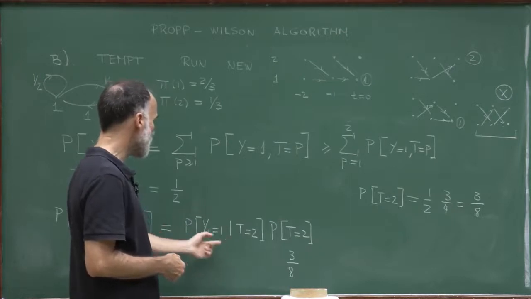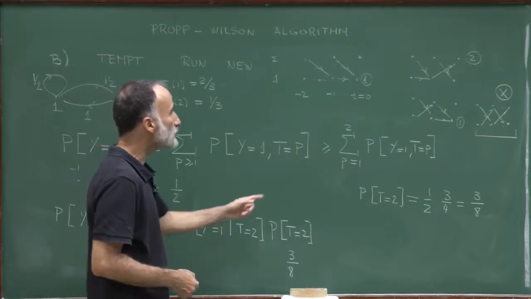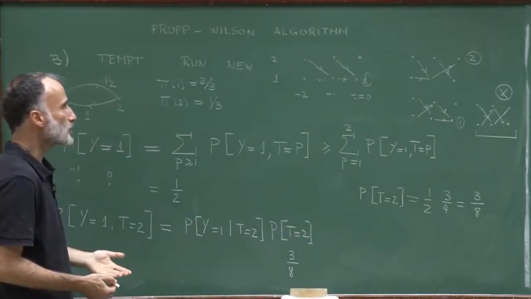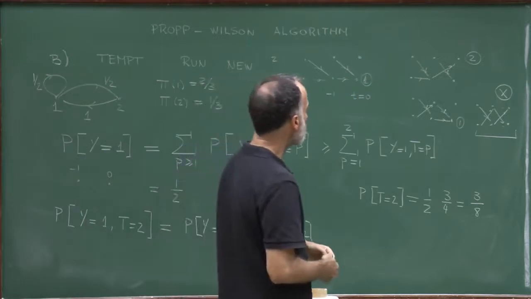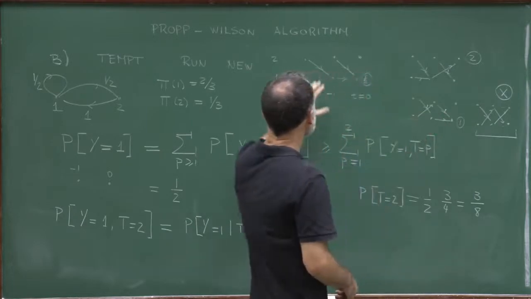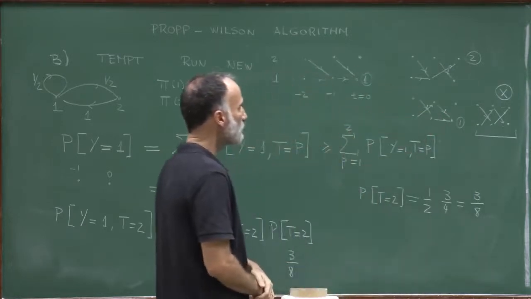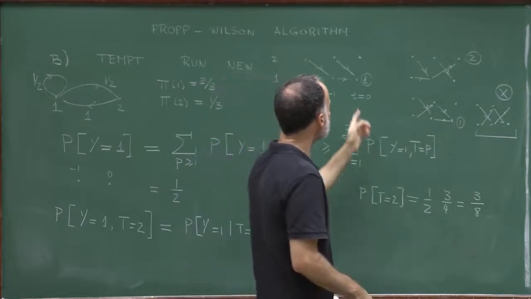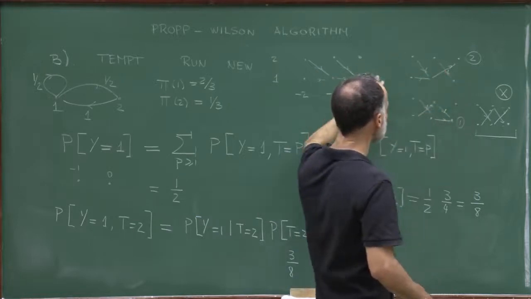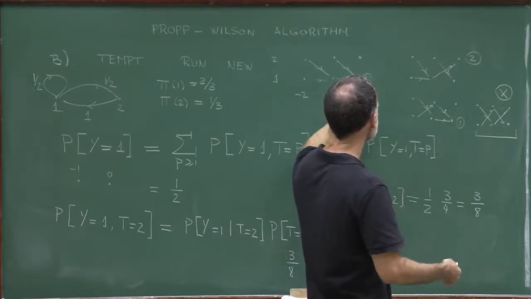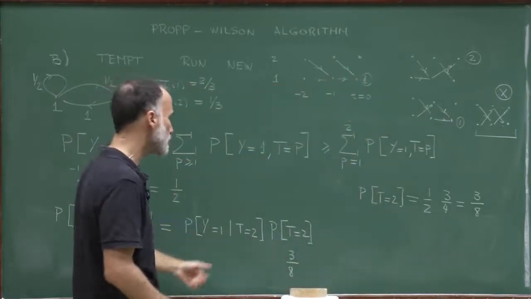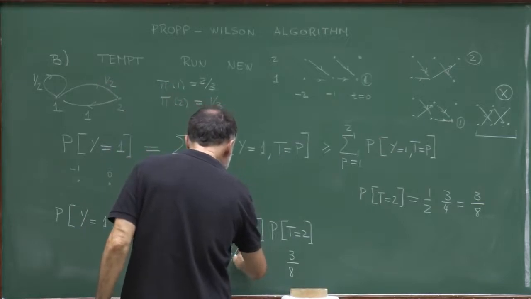In order to know the output y, I just need to observe the second stage. By observing the second stage, I see that there are 2 possible outputs, either 1 or 2. There are 3 possible outcomes, each with the same probability 1/4. In 2 of them, the output is 1. Therefore the probability that y is equal to 1, given that t is equal to 2, is 2/3.